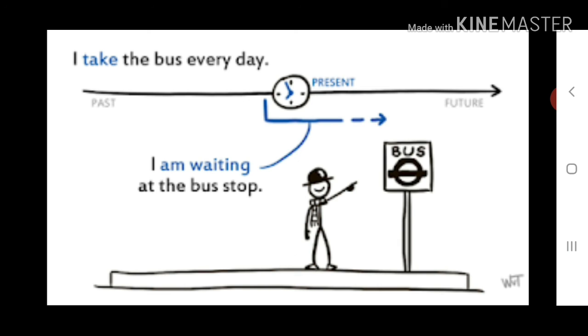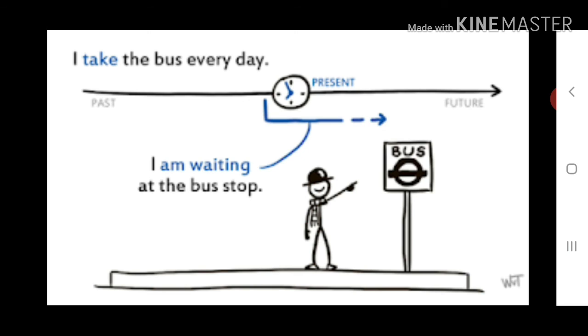Then we have a sentence which is in present continuous. I am waiting at the bus stop. So the man at the moment, right now, he's doing that action. And you can see that the sentence points to the timeline, and there is a line that progresses because this is an action that has progression in the present, right?